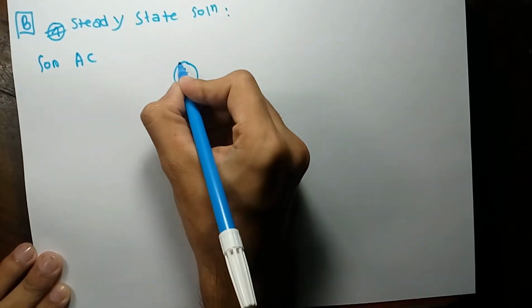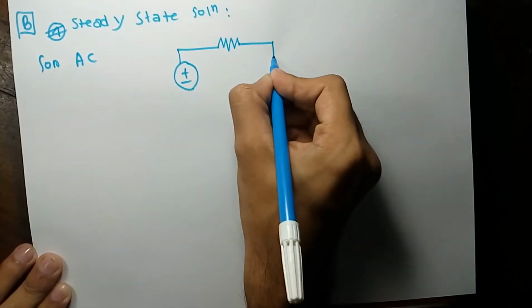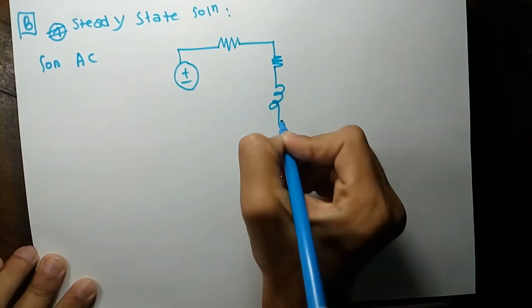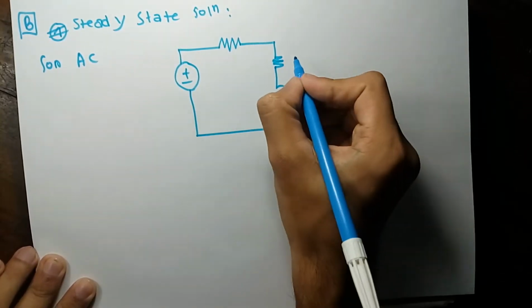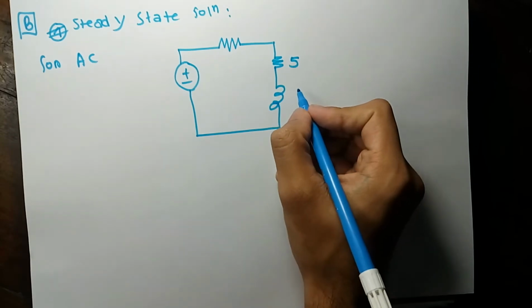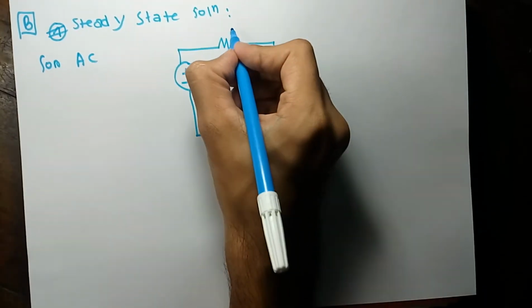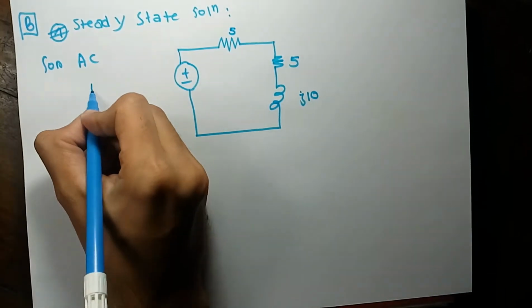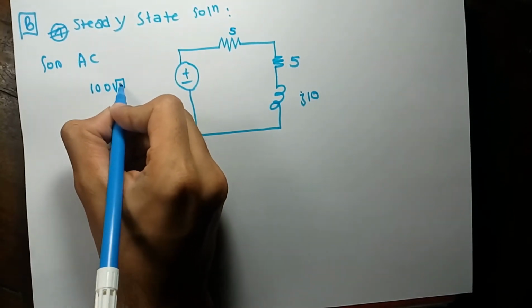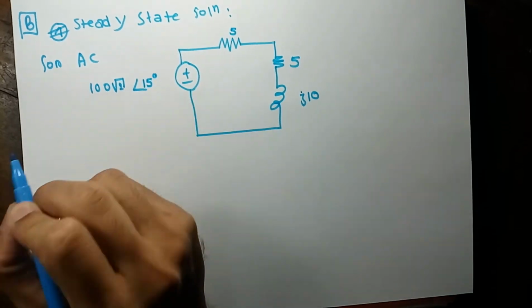So when you turn off this 4 ampere current source, it becomes open. For the AC portion, the 0.01 H inductor in the phasor domain converts to j10, and this is 5 again, and the voltage source in the phasor domain looks like this: 100√2 angle of 15 degrees.